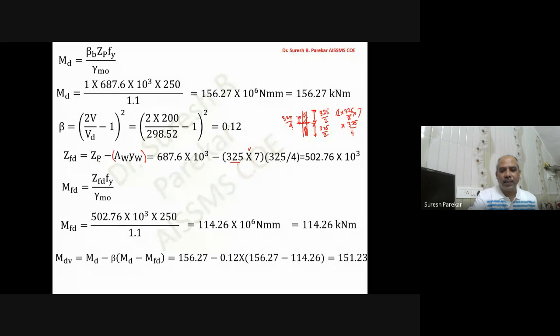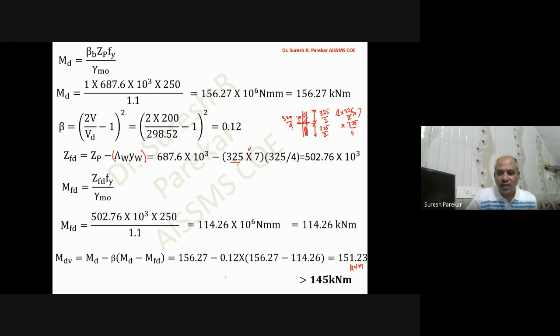Then we will find MDV, which will be MD minus beta, MD minus MFD, and we have substituted these values, and this value comes to 151.23 kilonewton meter. This 151.23 kilonewton meter is greater than 145 kilonewton meter, and therefore safe.